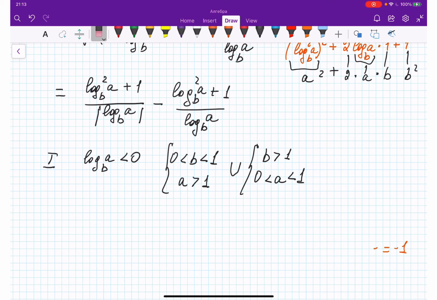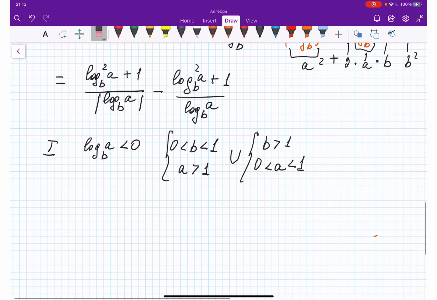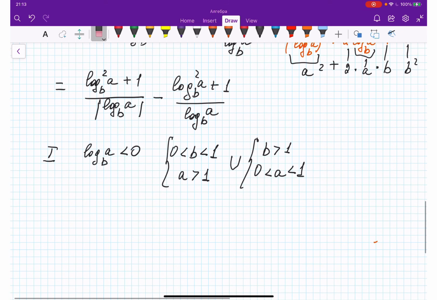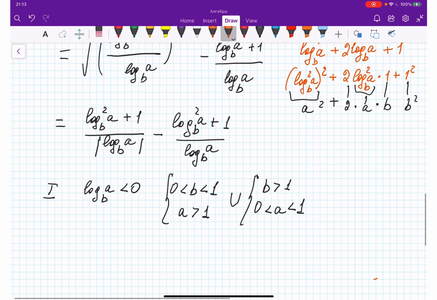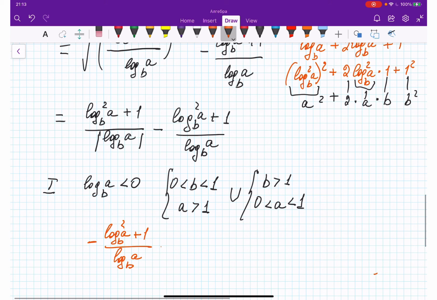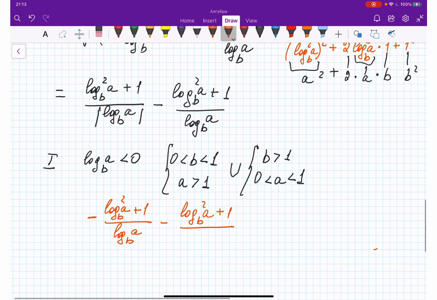So in both cases, we are getting log_b(a) negative, which means, since it's negative, we get a negative sign in front of this fraction, (log_b(a)^2 plus 1) over log_b(a), minus (log_b(a)^2 plus 1) over log_b(a).